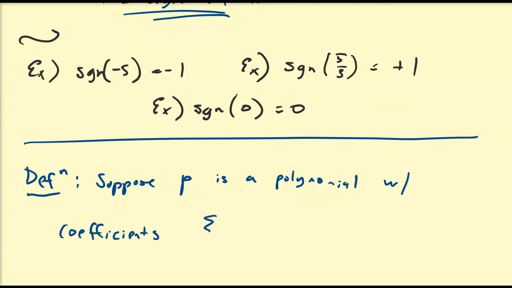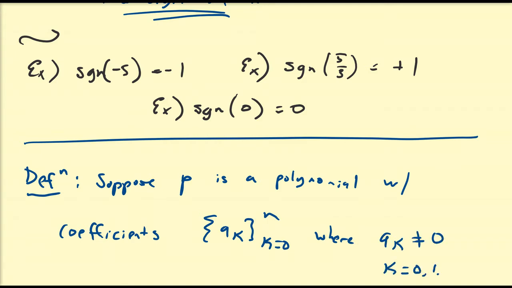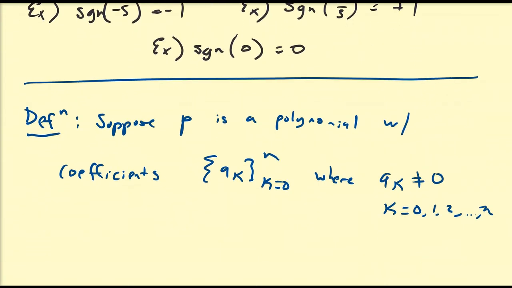Usually the coefficients are a sequence of real numbers indexed from 0 to n. So there are n plus 1 coefficients of a degree n polynomial. And more in particular, these coefficients are not equal to 0 for 0, 1, 2, all the way up to n. Therefore, there are going to be no terms missing in this polynomial expression.